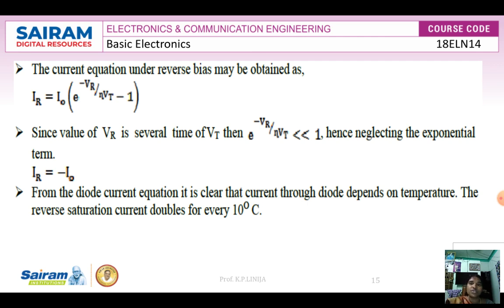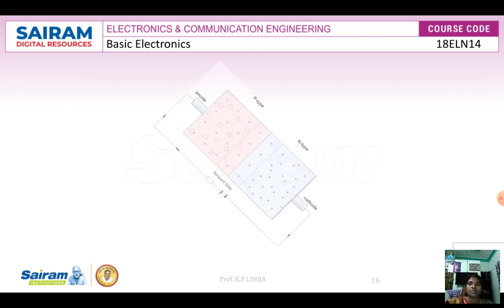Therefore, the reverse saturation current IR is equal to minus I naught. From this diode equation, we understand that the current through the diode depends on the temperature. The reverse saturation current doubles for every 10 degree centigrade.